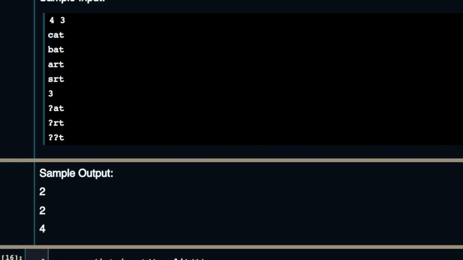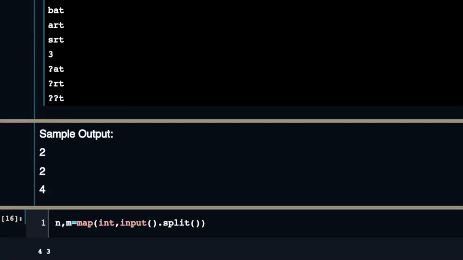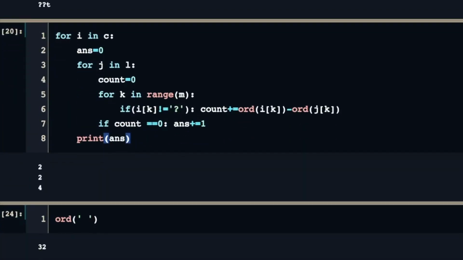So the answer gets incremented twice. Count will be 4 all the time. See here, for the first word, ORD of T minus ORD of T. For the second word, ORD of T minus ORD of T. So it does this for all the words, and this is how this program works.